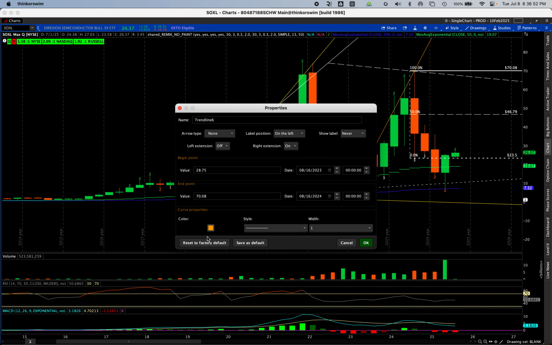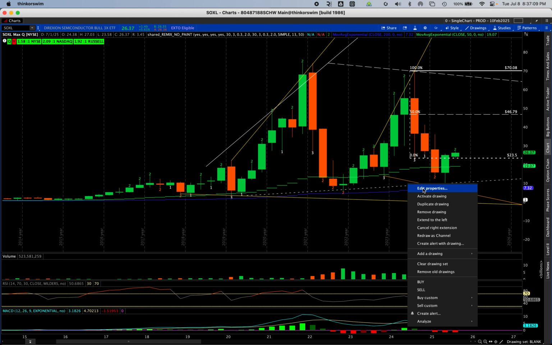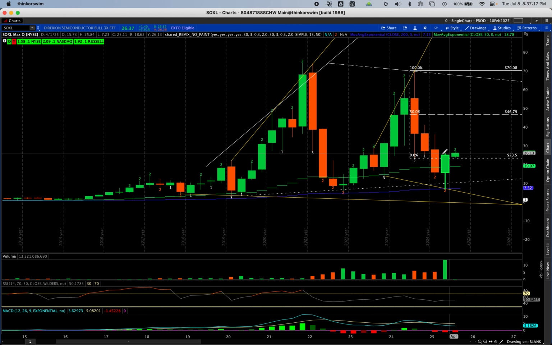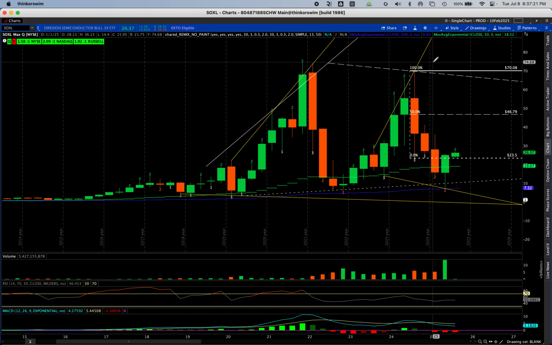Edit this, make it yellow, so we know it's a quarterly broadening formation, and boom, we've got it. So now what else we can do is draw our lower broadening formation from this low to this low. Since we did get a high here, that locks in that low. And let's see, make that yellow. And so we've got our most recent quarterly broadening formation.